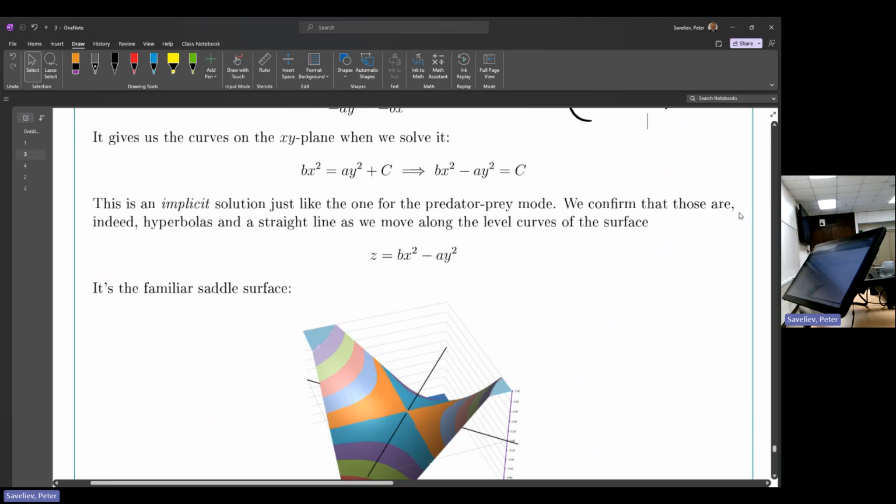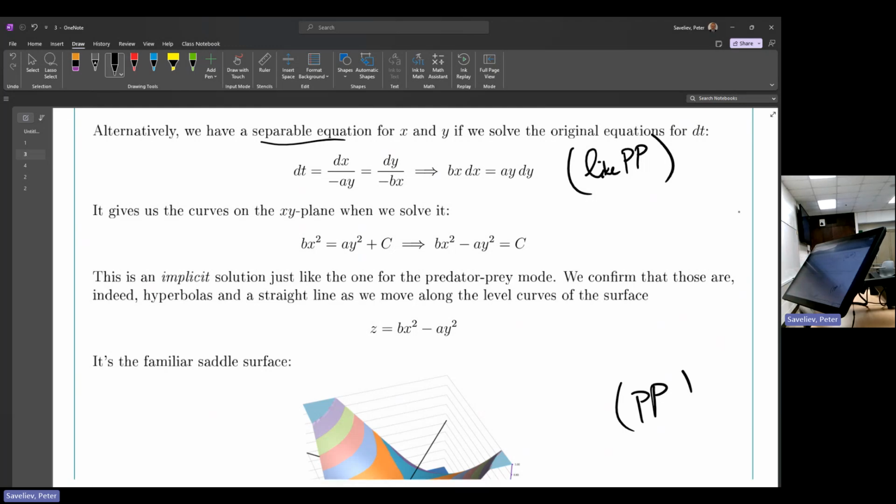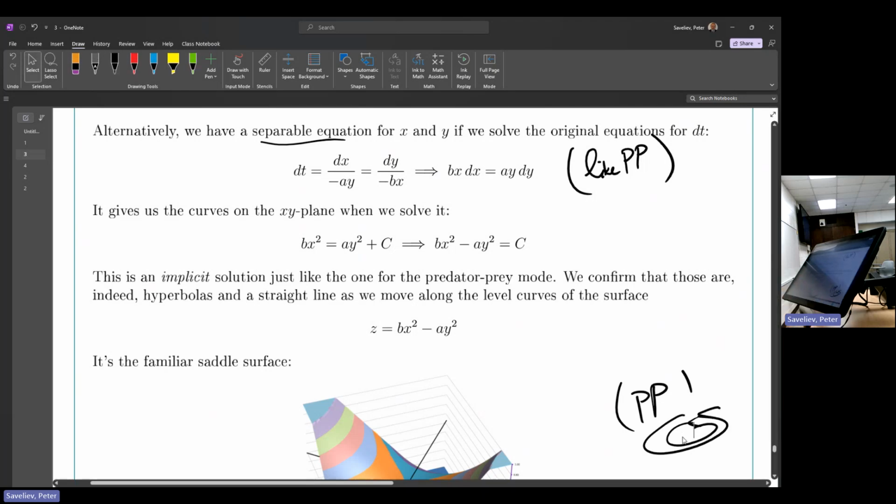Just like with the predator-prey model, remember we ended up with a shape like this, and it created level curves. They were the solutions, circular periodic solutions. Remember these pictures like this. And here we do exactly the same thing, but the function naturally comes out differently.